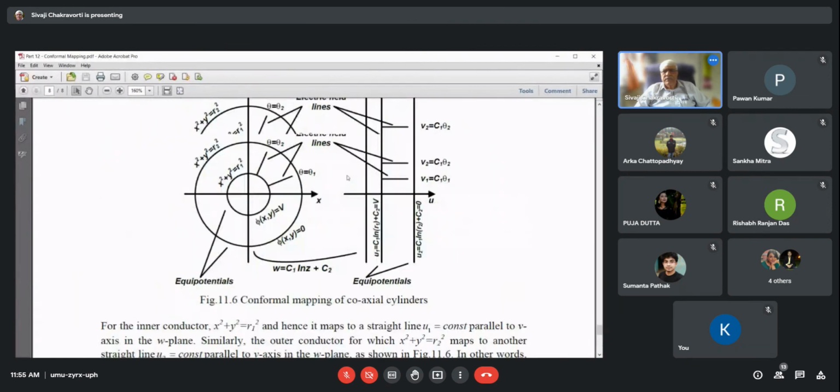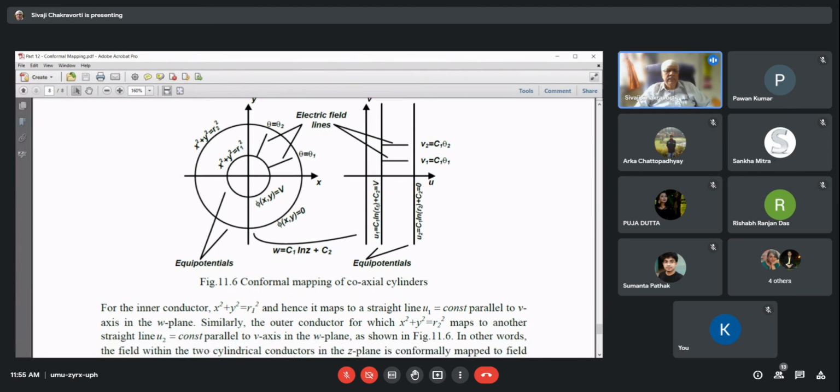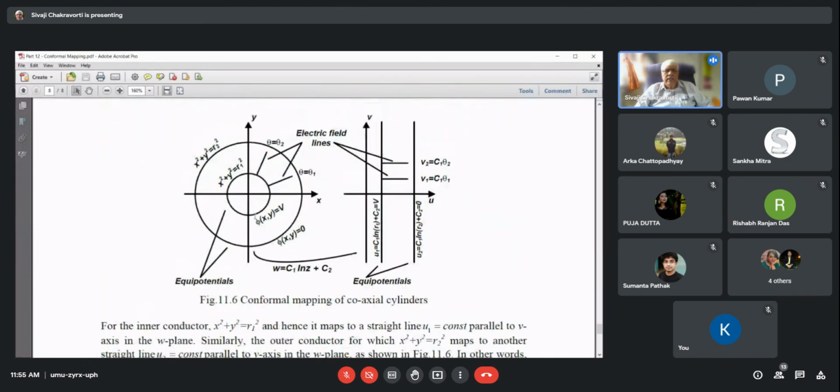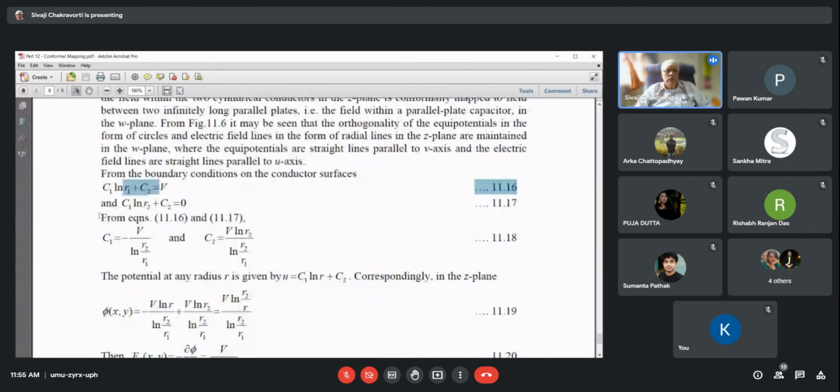For this first electrode, which is the live electrode corresponding to the inner cylinder, the equation is C1 ln R1 plus C2 is equal to V. And then for the outer cylinder, this is the other vertical line, C1 ln R2 plus C2 is equal to 0. That is equation 11.17.